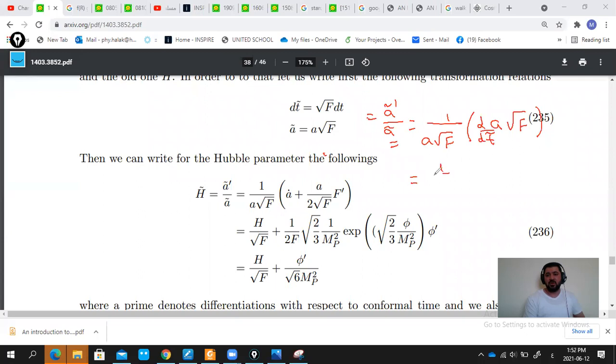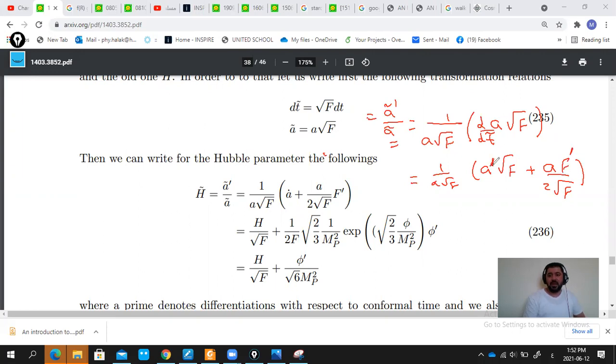Now we have 1 over a square root of f times a prime square root of f plus a multiplied by the derivative of the square root, and here of course there is f prime.